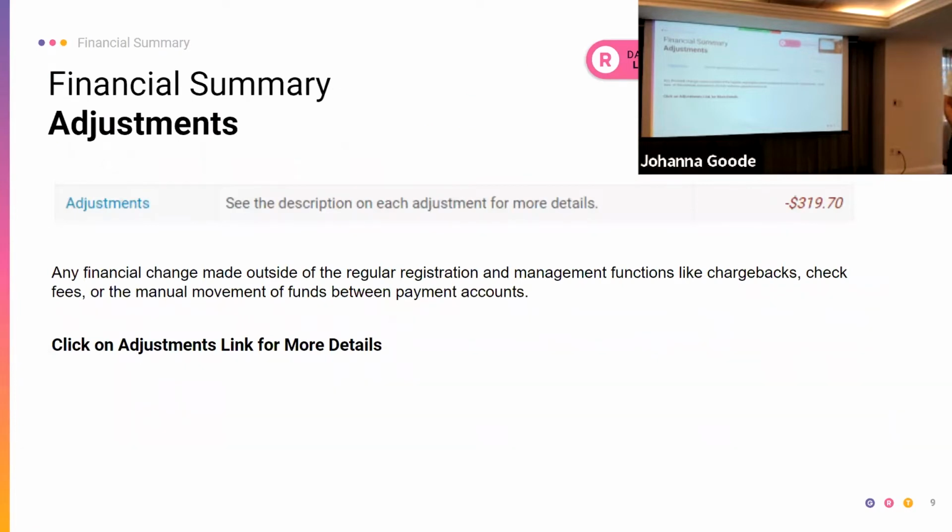Okay, so this is another section on the report that's also clickable. Financial adjustments or any financial charge outside of the regular registration and management functions, like chargebacks, check fees, or the manual movement of funds, will show up in this adjustment section of your financial summary transaction summary.